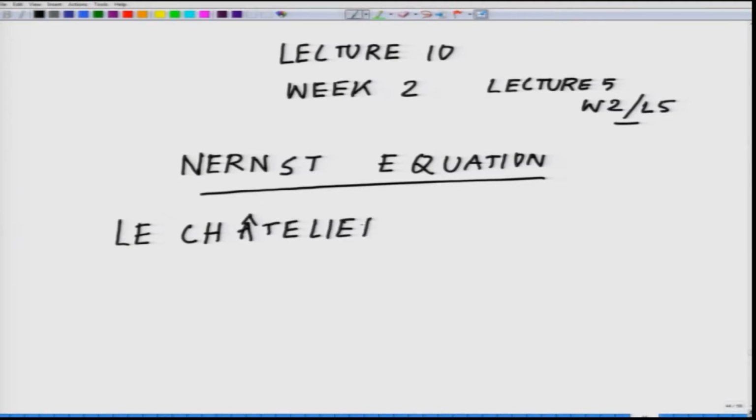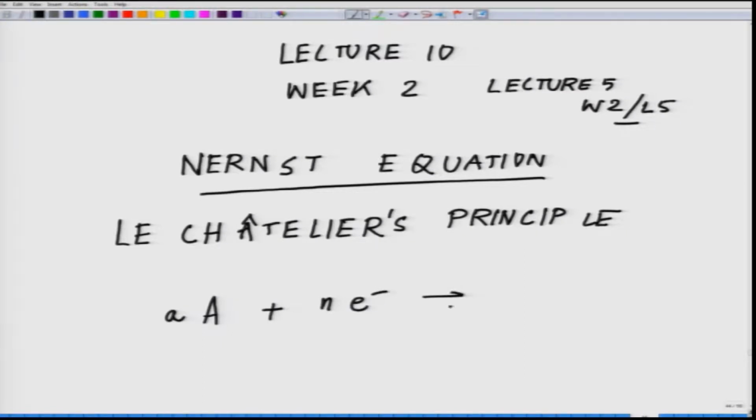So, in other words, if we write a reaction like this, A plus E making B, this is on the left-hand side, LHS, and this is on the right-hand side, RHS.